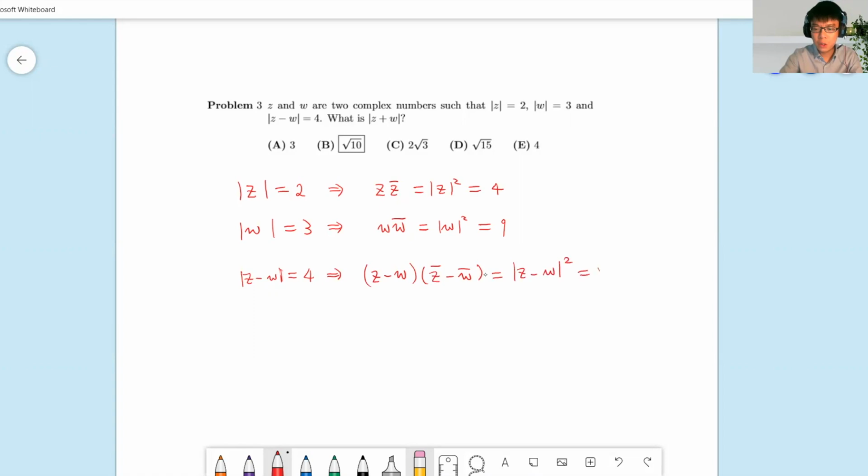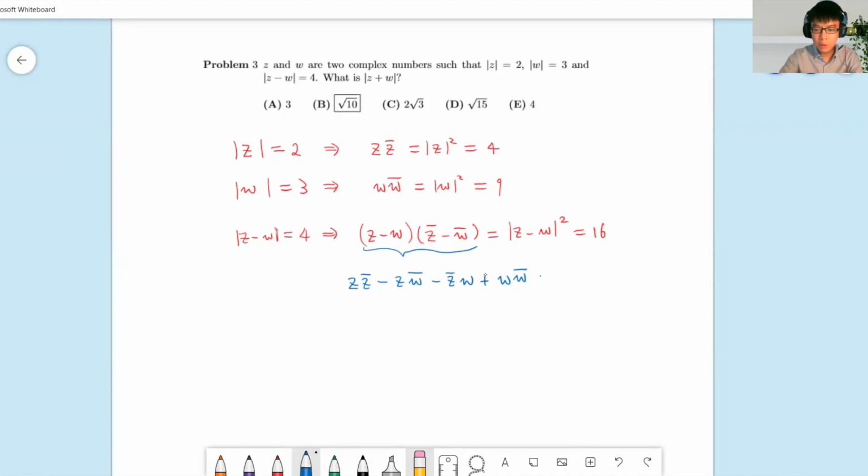And this is equal to 16. On the other hand, let's open this multiplication here. It is Z times Z bar minus Z times W bar minus Z bar times W plus W times W bar.